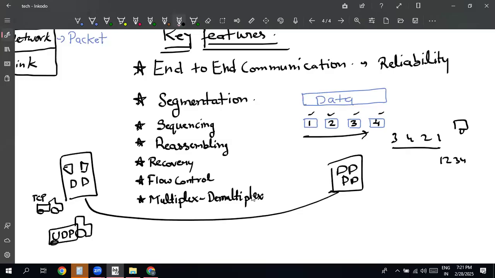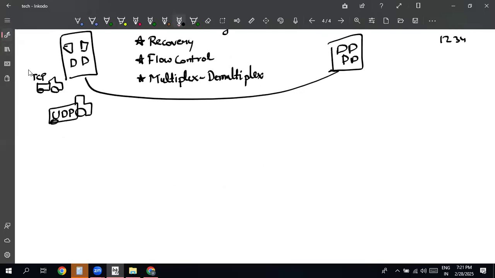Now we'll move on to the second point of the explanation, where we are going to see what exactly are the two key protocols used at this layer, which are TCP and UDP. Let's start with TCP first of all.